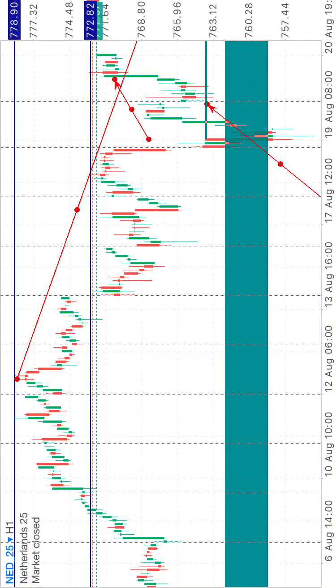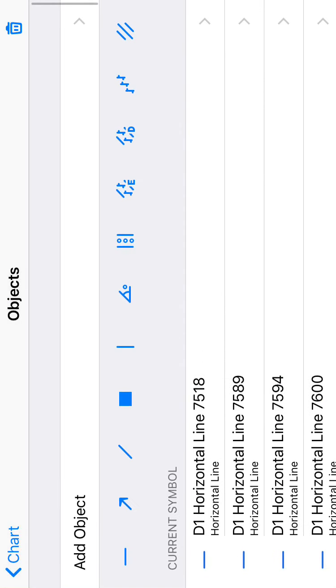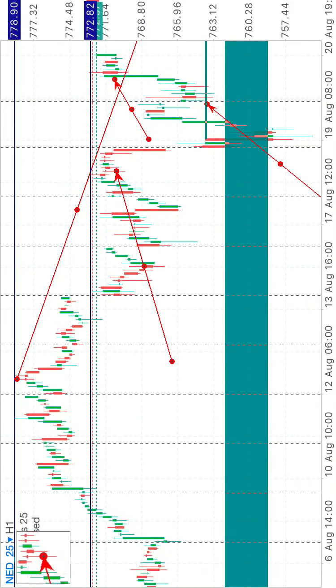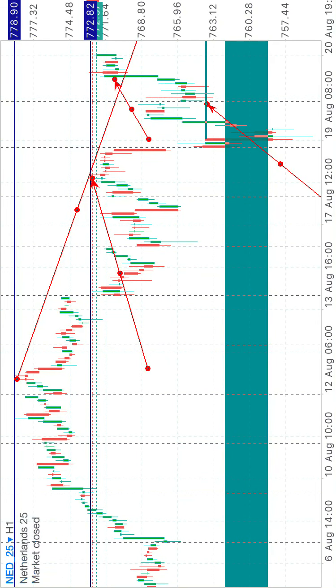Because if you can check, 772.82 was our last previous lower high before the market touched this blue zone. So we will be using this point as a marker. If it breaks above, meaning we're done with the correction move, so we're ready for the impulsive move, which will be greater than 778.90.